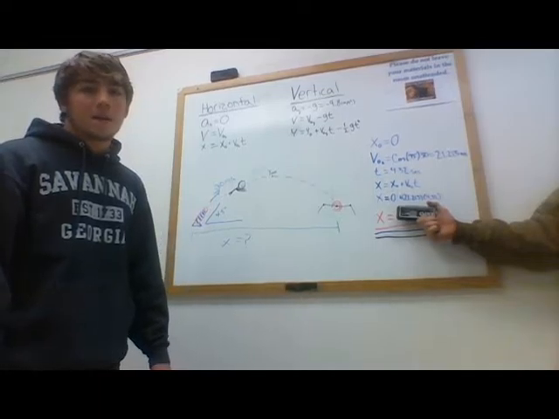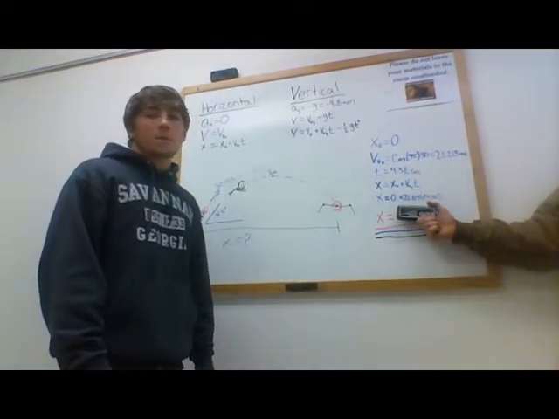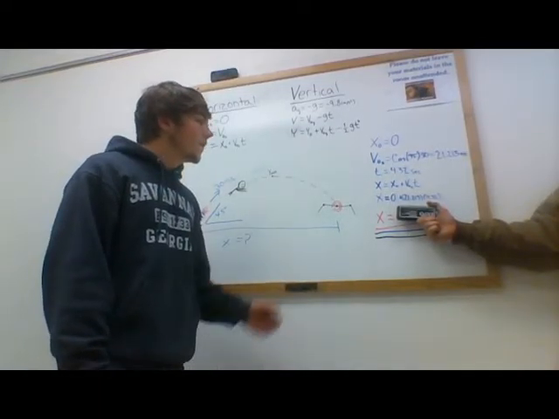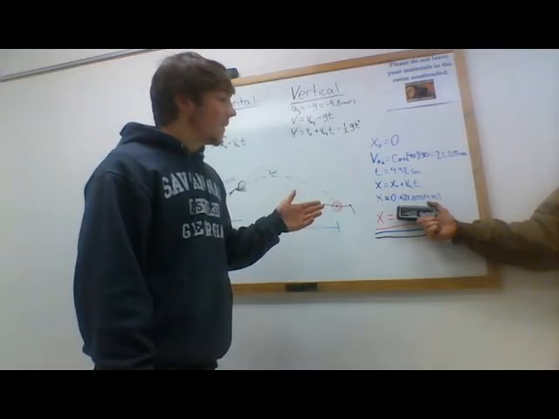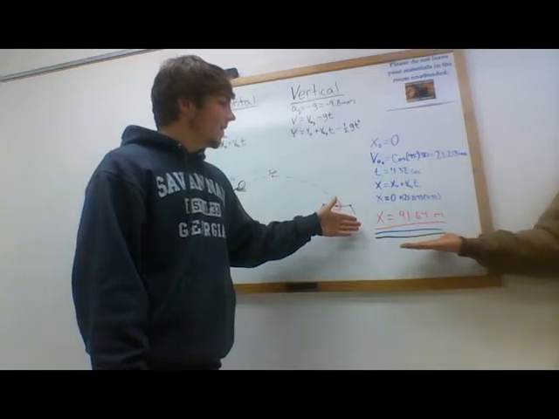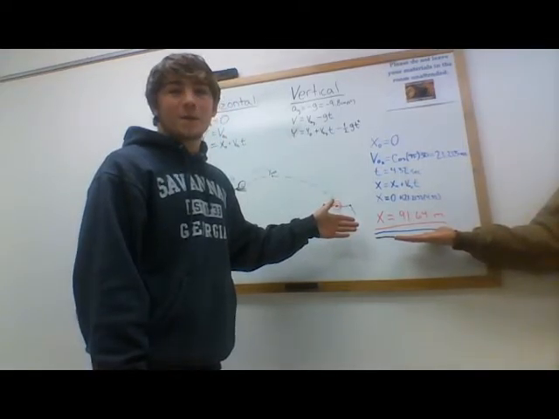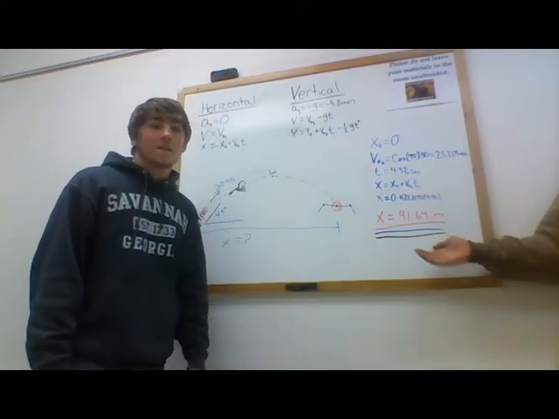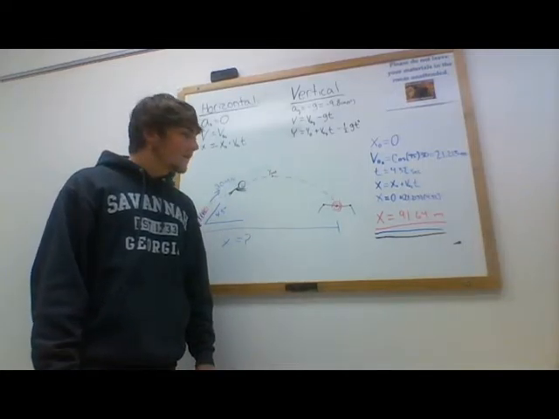Like we found in the last problem, t equals 4.32 seconds. So, when you plug that all in, the magic number comes out to be 91.64 meters, which, if you didn't know, is just over a football field.